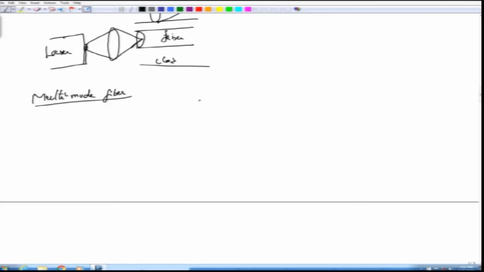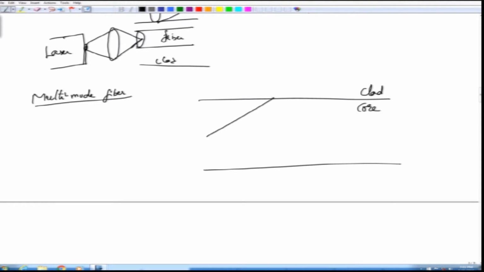Let us go back to the core cladding interface here. So this is the clad and this is the core, and this is where my core cladding interface looks like, and light is coming in here at an angle of say phi 1. Suppose one more ray comes in here at an angle of phi 2, and we assume that phi 2 is greater than phi 1, and both these angles are greater than the critical angle.